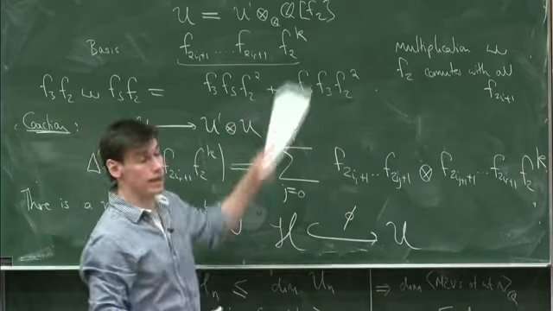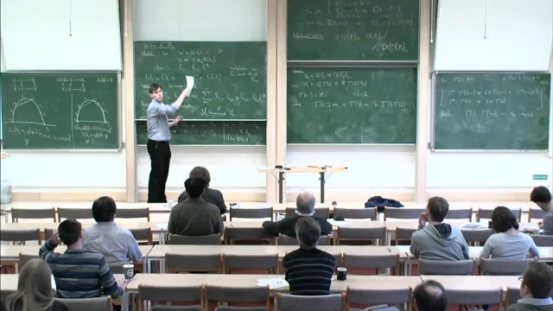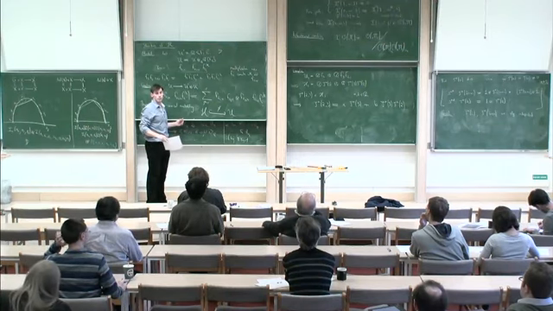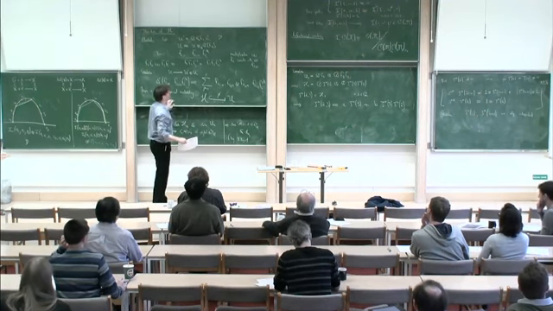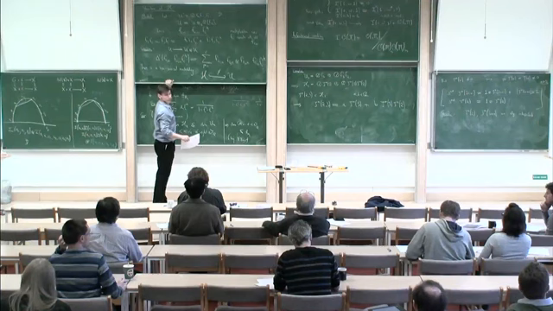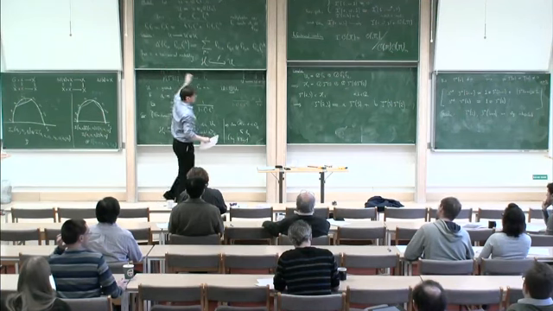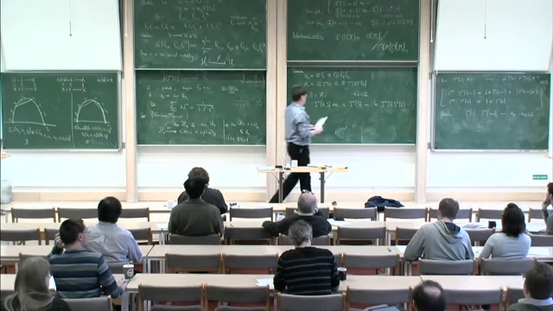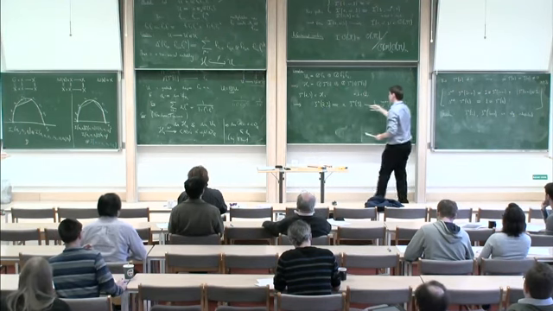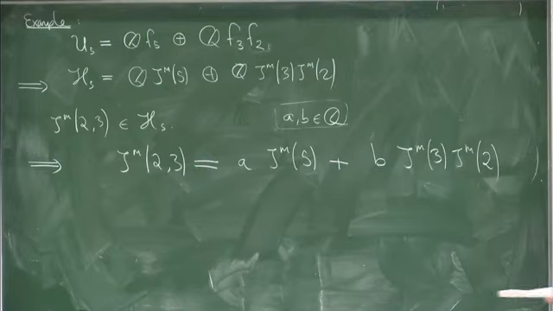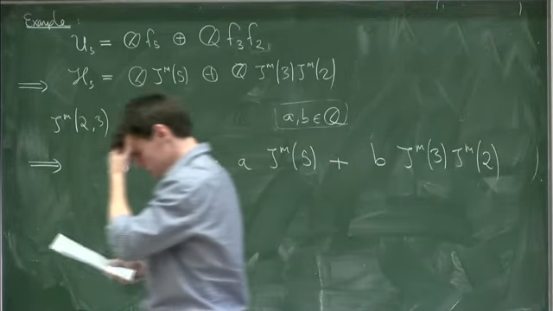Sometimes it's like the leftover Gm action after taking the U action out. So I never shuffle the two. So we know a priori that there has to be a rational relation between these three things.